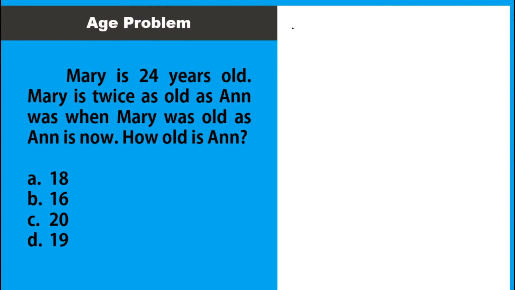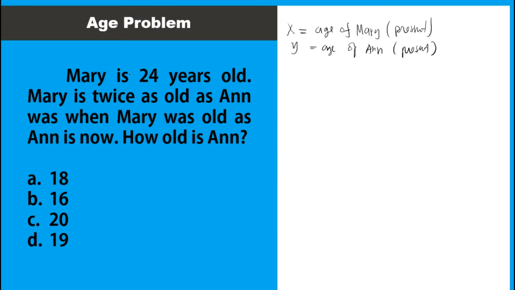First, let X be the age of Mary in the present, and Y the age of Anne in the present. The second step is to make a table.